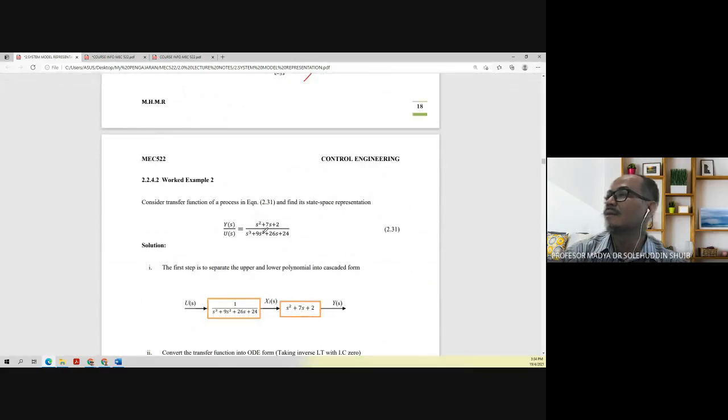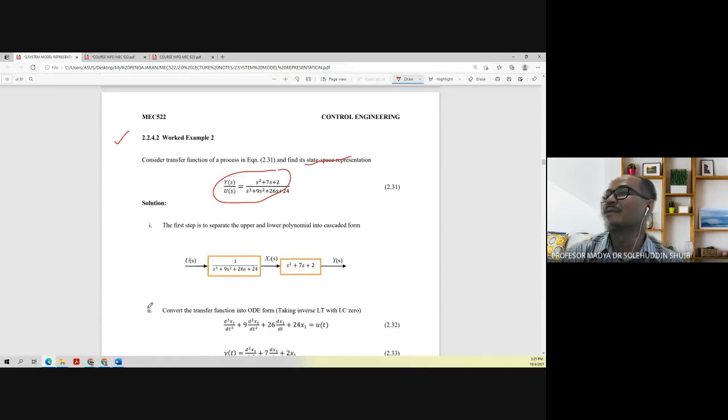This is another one, worked example 2.31. We have a process transfer function, which is this one, and we want to find its state space representation.